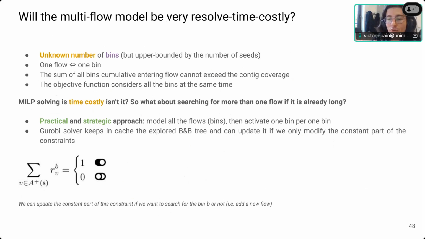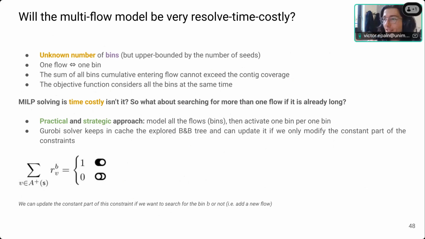Gurobi, which is a commercial solver with free academic licenses, I found already good in solving mixed integer linear programming models, keeps in cache the explored branch and bound tree. Remind this tree of possibilities. It will keep cache. So I want to benefit from the caches, when I add a bin, I want Gurobi to update.